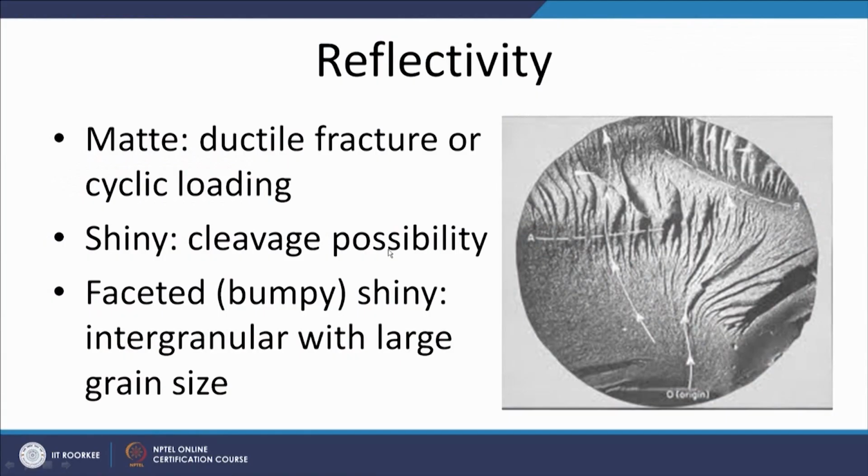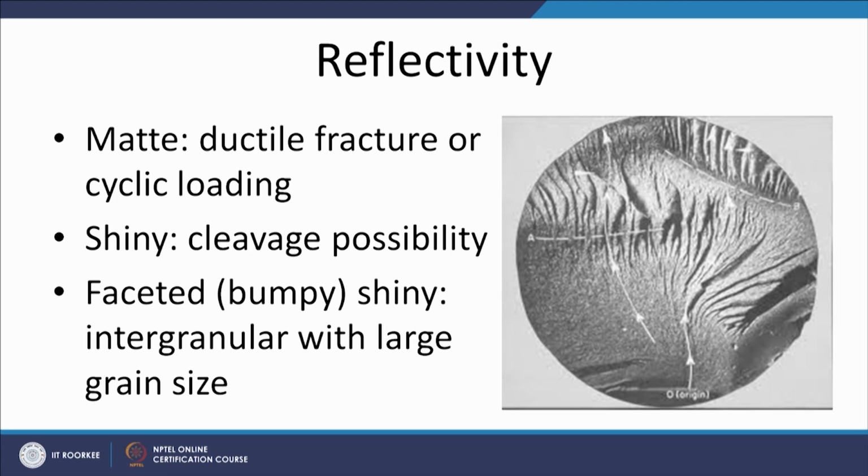So, cleavage brittle fracture possibilities exist when the fracture surface is flat and shining, and dull fracture and cyclic load possibilities exist when the surface is of the matte type, and the faceted or bumpy shining surface indicates that the fracture has been intergranular with a large grain size.